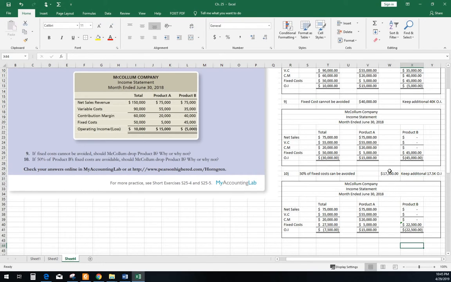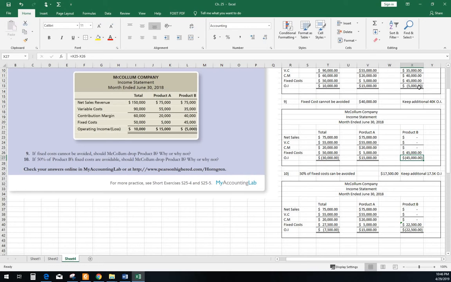So in both scenarios, because these numbers are positive, this number is larger than this number. This number is larger than this number. So under both scenarios, we would keep the product line.